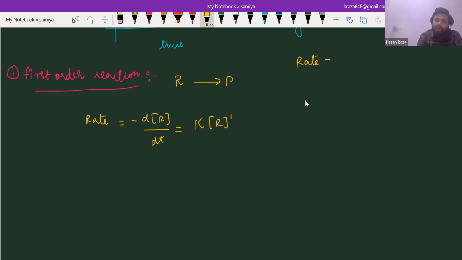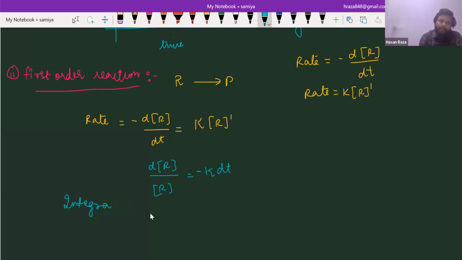So I just need to solve this. I'm going to write this as d of R upon R, and that will be equal to k dt, and I move the negative sign to the other side. Now integrating both sides. If you integrate both sides, that will be the integral of dR by R, which will be equal to k, the constant, taken out of the integration, and the integral of dt.